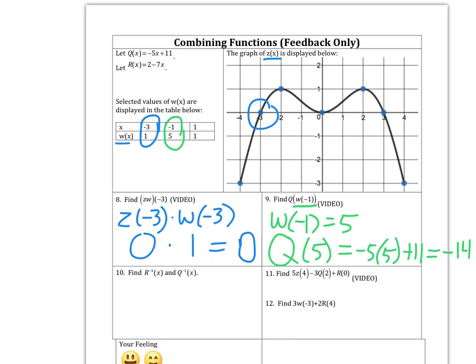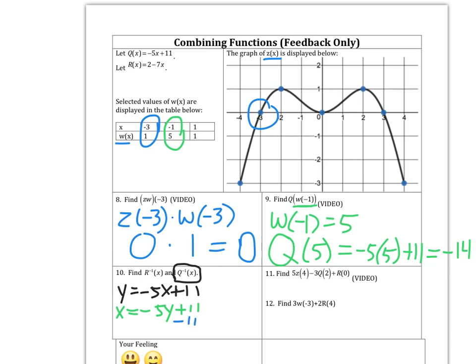10 doesn't say video, but I'm going to do that anyway for Q inverse of x. The goal here is to start off with y equals -5x plus 11. And to find the inverse, we're going to switch x and y. X equals -5y plus 11. And now we're going to get the new y by itself.